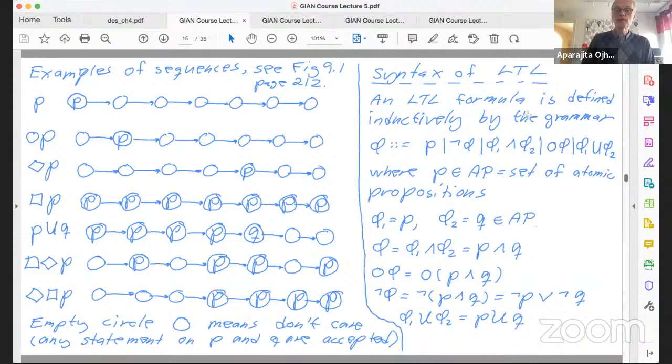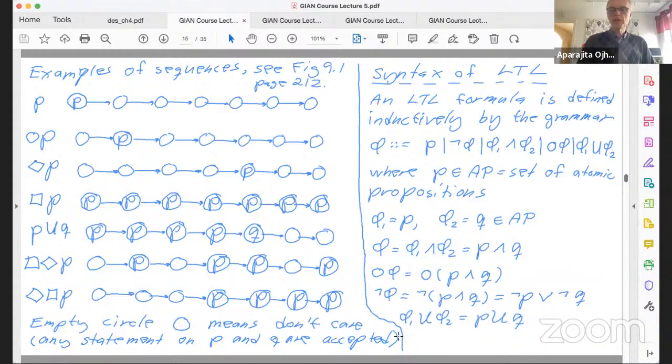Then we see that by this rule, with phi 1 equal to P and phi 2 equal to Q, you also generate phi equal to phi 1 conjunction with phi 2, equal to P and Q. Then you can take the next of phi, and you get next of P and Q, and you can take the negation of P and Q and actually use De Morgan's rule to get not P or not Q.